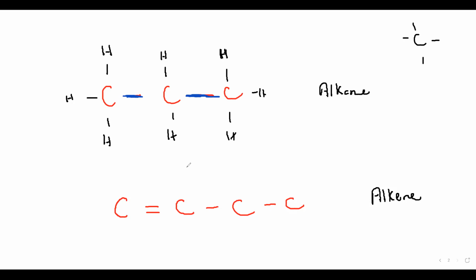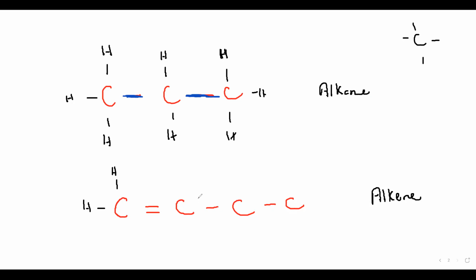And now we have to complete the structure. Carbon can form a maximum of four bonds. On the left hand side carbon, two are already formed. How many hydrogen can it have? If two are already formed, it can adjust only two, so this will have two hydrogen. Next to that, the carbon has three bonds, 1, 2, and 3.